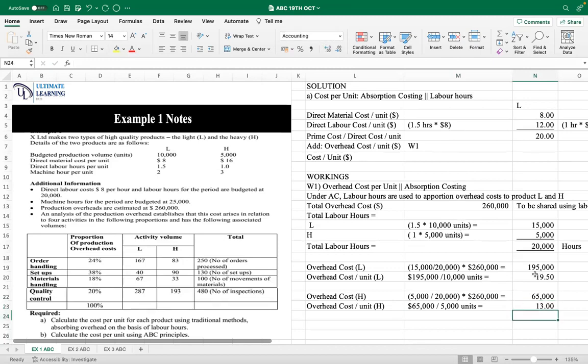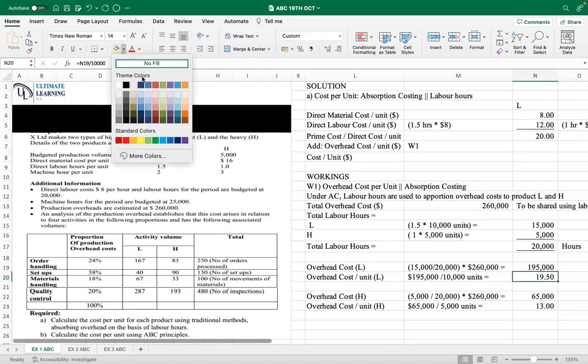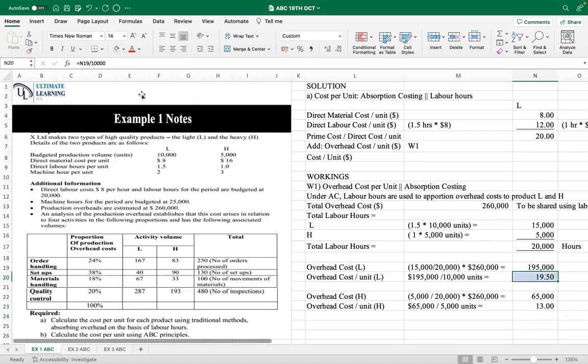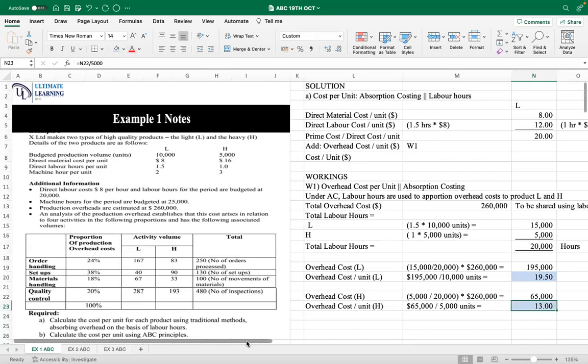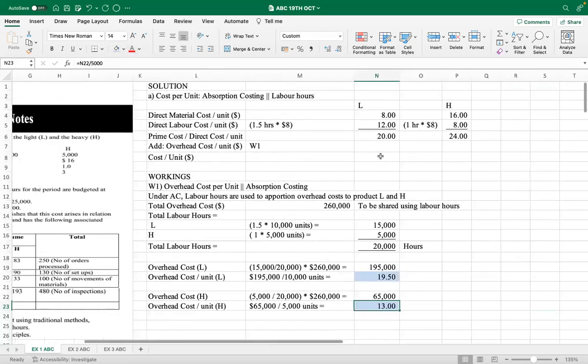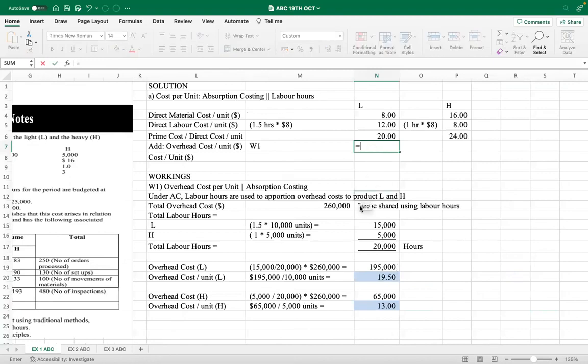So we are in need of that value there and that value. Those are the figures we need to complete the costs here. For L, the overhead cost per unit was 19.5. For H, the overhead cost per unit is 13.